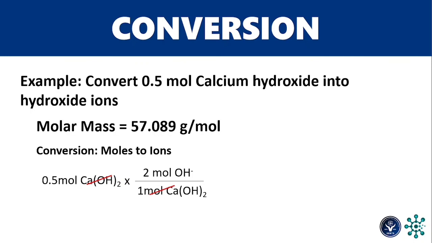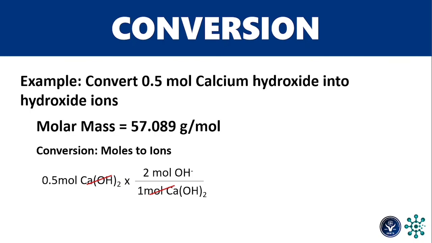Now, from the formula, we can infer that 1 mole of calcium hydroxide contains 1 mole of calcium 2 plus ions and 2 moles of hydroxide ions. Now, the moles of calcium hydroxide unit cancels. We are left with moles of hydroxide ions, but we are looking for the number of hydroxide ions.